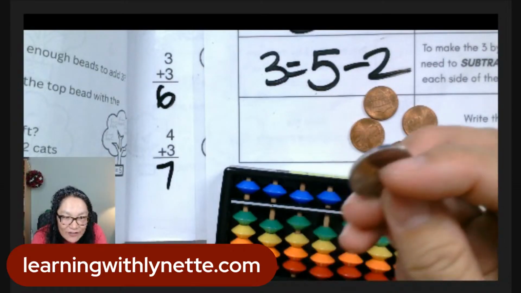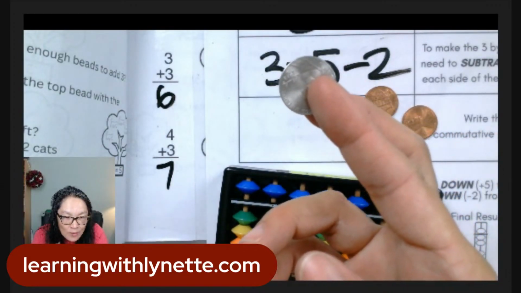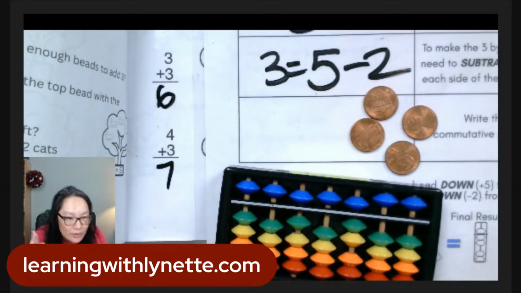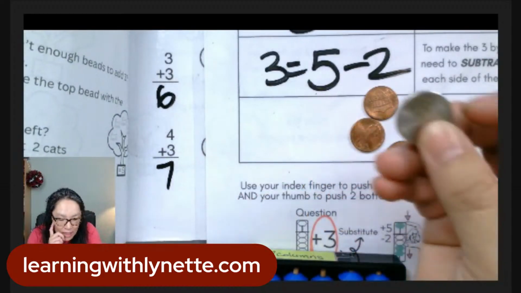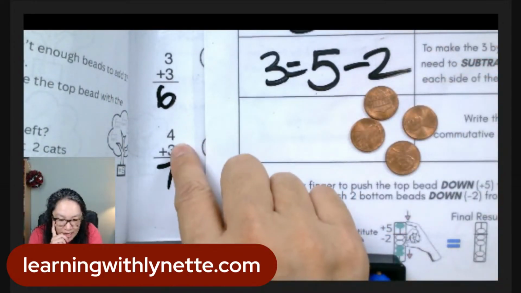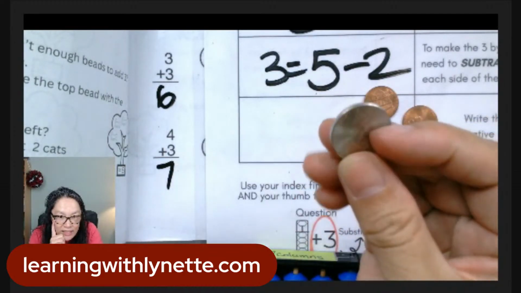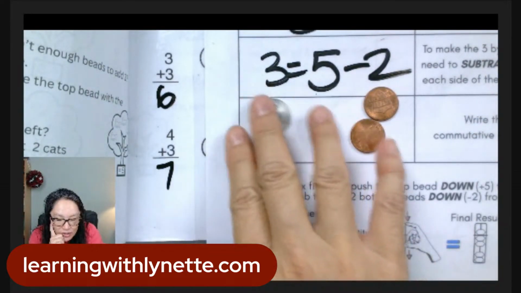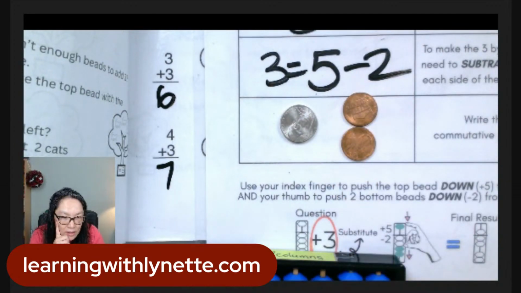So if I give you a nickel, I need change back. It all makes sense in the end. It does take a minute, but don't forget it takes a minute because it's something brand new. So I only have a nickel, I'm going to exchange it. I'm going to add four. You have four, but I only have a nickel and it's only worth three. So I'm going to give you my nickel and take two away. So my answer is seven. Does that make sense?